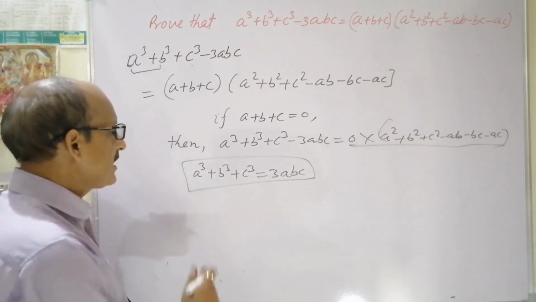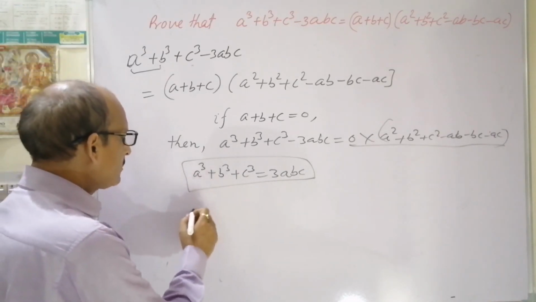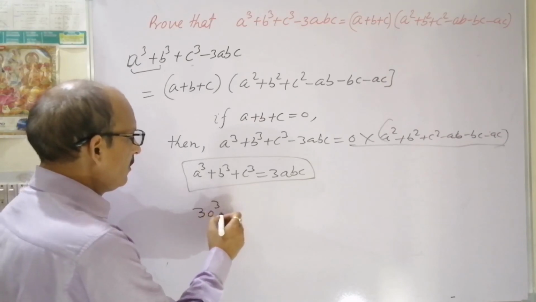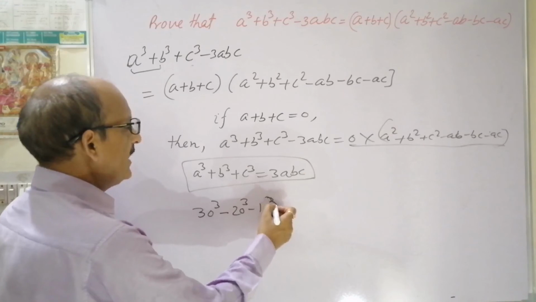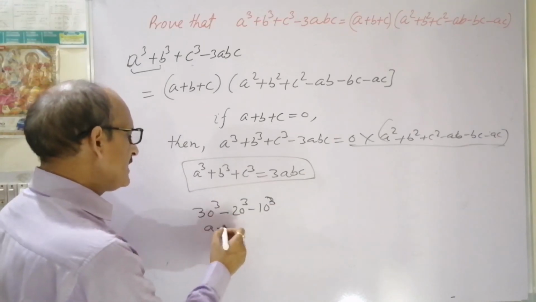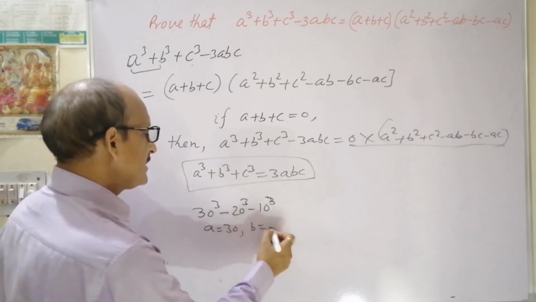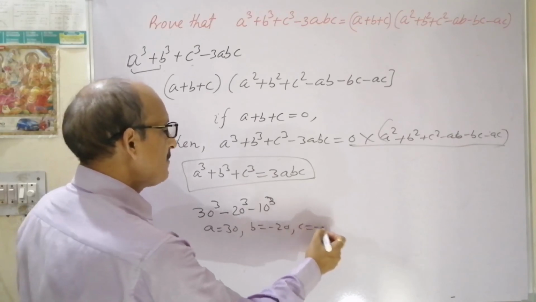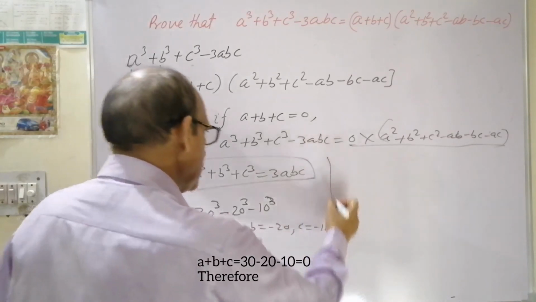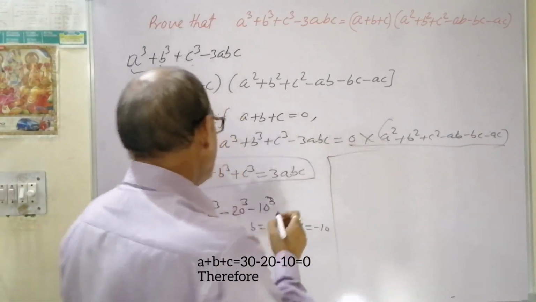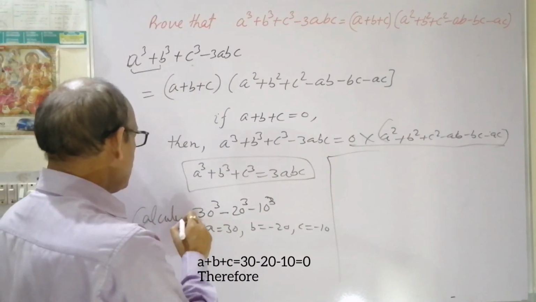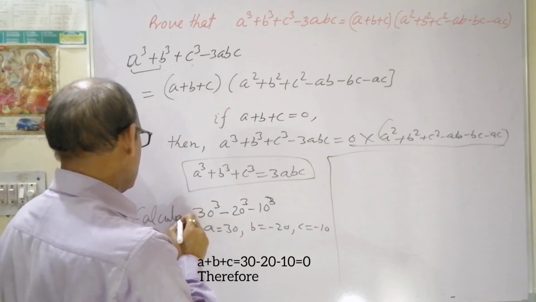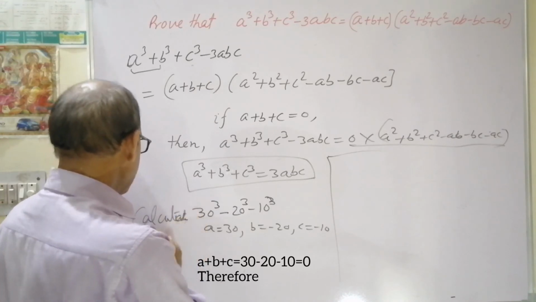For example, I am taking, if it is given 30 cube minus 20 cube minus 10 cube, so A is written as 30, B is minus 20 and C is minus 10. It is asked from you, calculate using the identity.